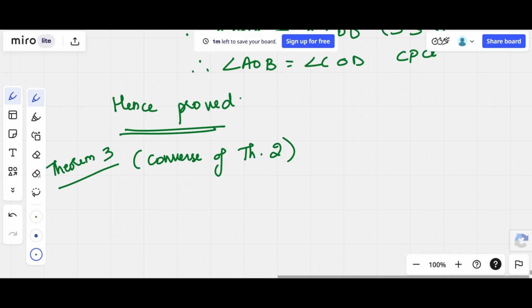So what will be the converse? If chords of a circle subtend equal angle at the center, then the chords are equal. Understand? Earlier, if chords are equal, angles at the center were equal.